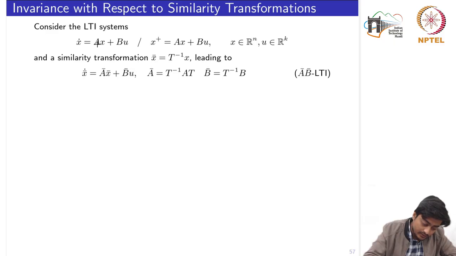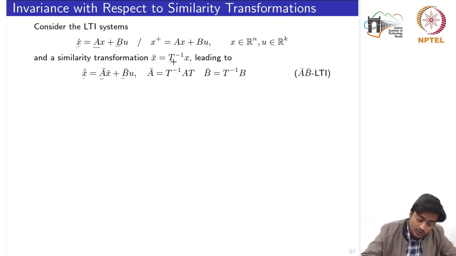Here we have two different representations, AB and A bar B bar, with states X and X bar. They are related by a similarity transformation with the T matrix, which is a non-singular matrix.